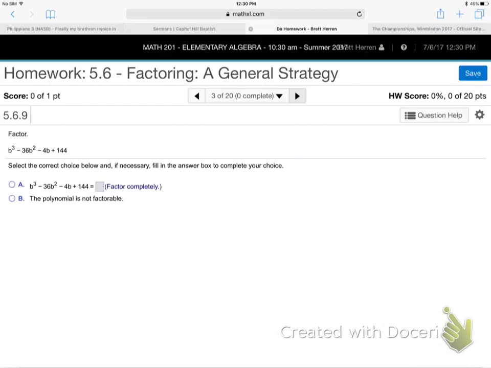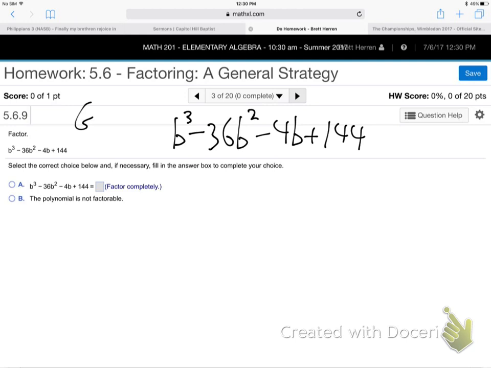It's been a while since we've done any 4-termers. So let's do a 4-termer. So b to the 3rd minus 36b squared minus 4b plus 144. First off, is there a GCF? It's always the first question, right? Is there something in common to all 4 terms?